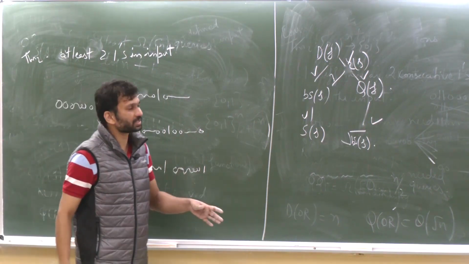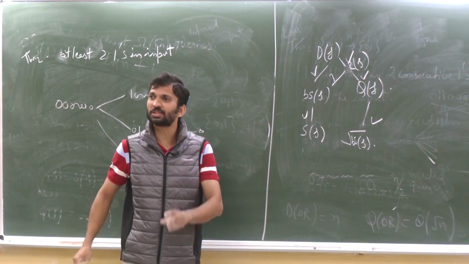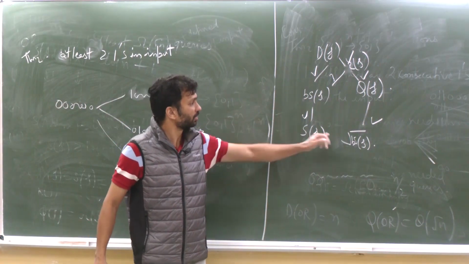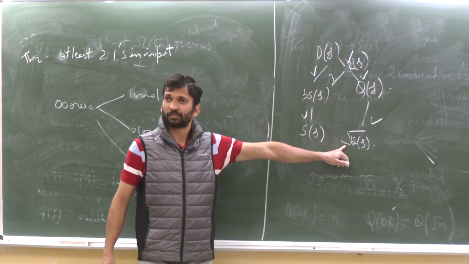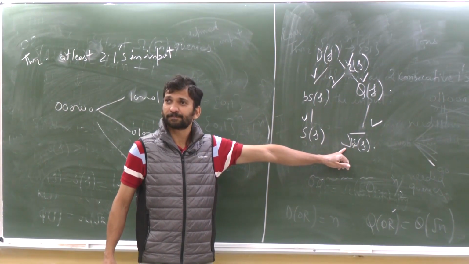Again, whatever we did for optimality of Grover search, the same arguments can be extended to these lower bounds. Cool.